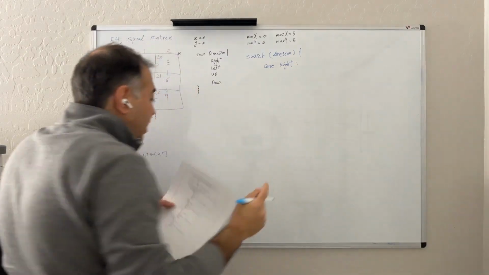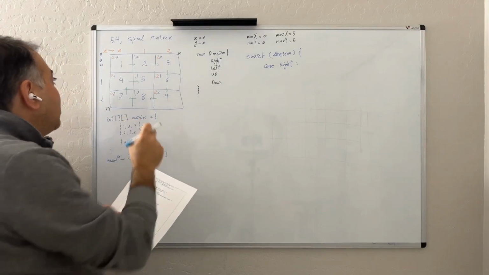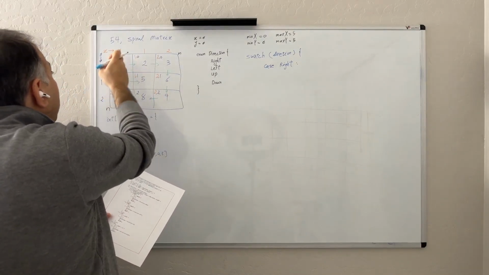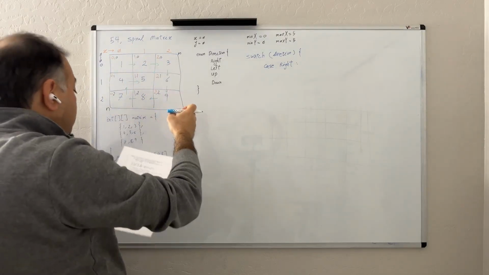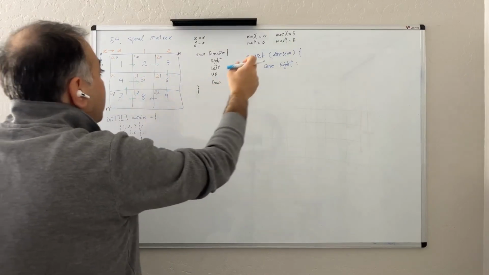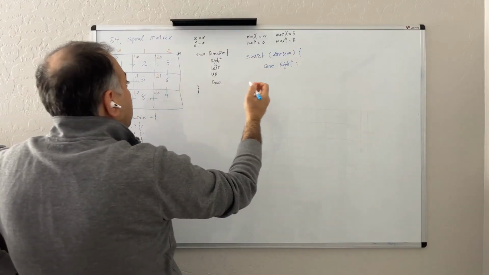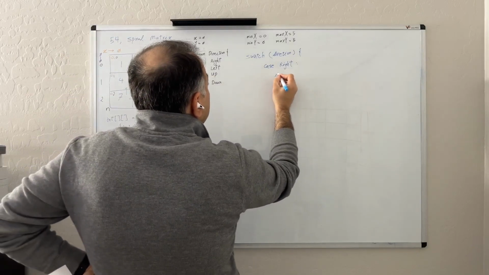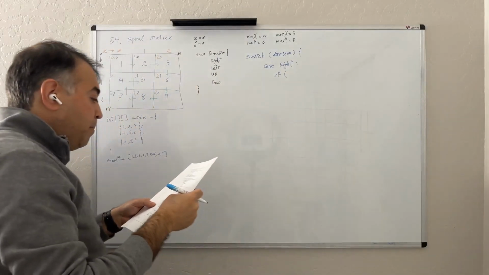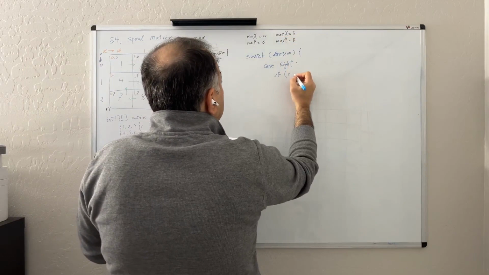When we are going right, what do we want to do? First thing first, we want to keep the row and increase the columns. I need to make sure that I'm not going to pass the maximum x.